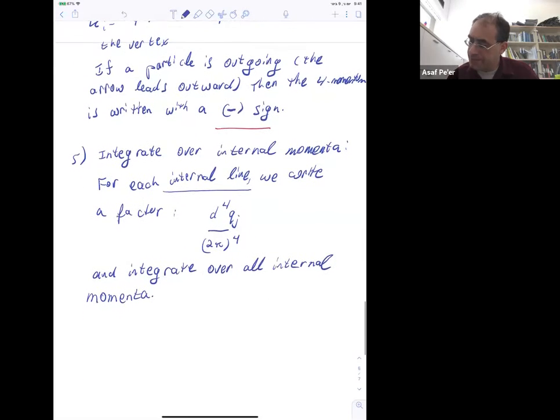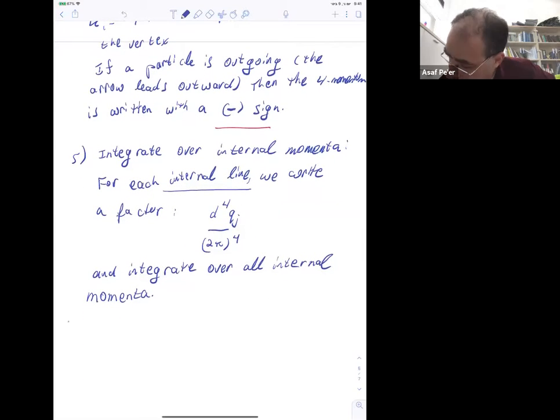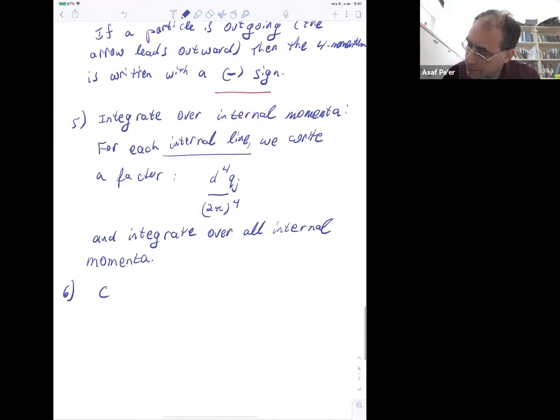Two more steps. When we perform the integration, we will get some expression that contains a delta function, so we have to cancel this delta function.